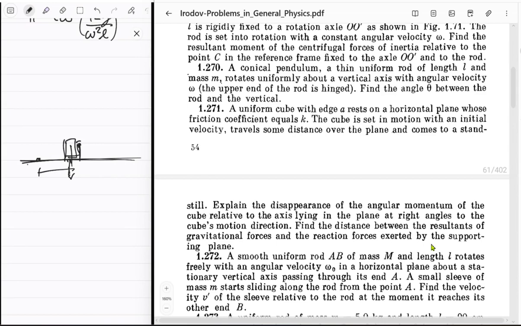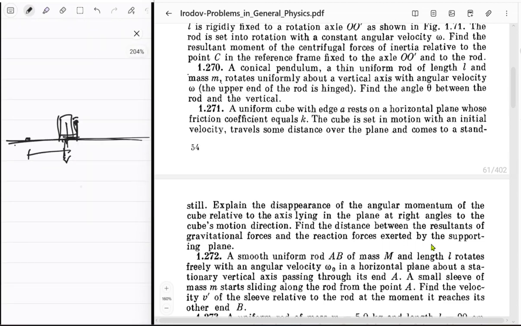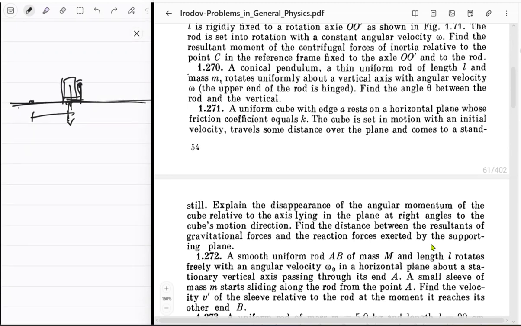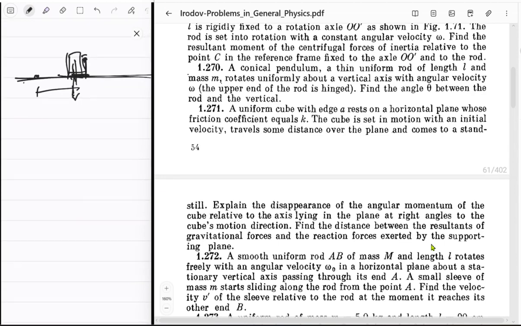But the normal force is actually easy to figure out. So you got the normal force in this direction. Okay, you know what? That's not the best way to do it. You have to go to the center of mass's frame.